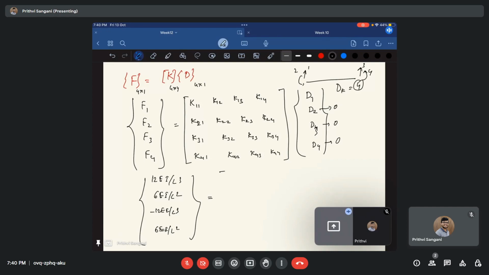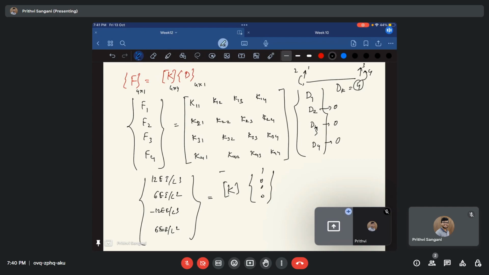I'm just going to write this down as K. I don't want to write everything now. So this is 1 0 0 0. Now what does this mean? So K11 is going to be 12 EI by L cube.